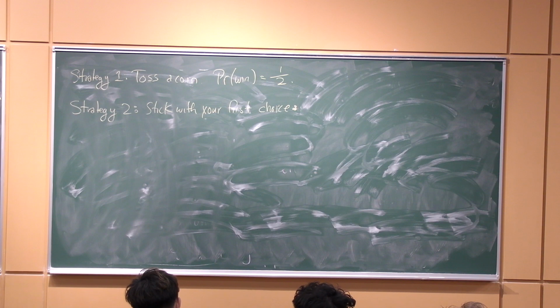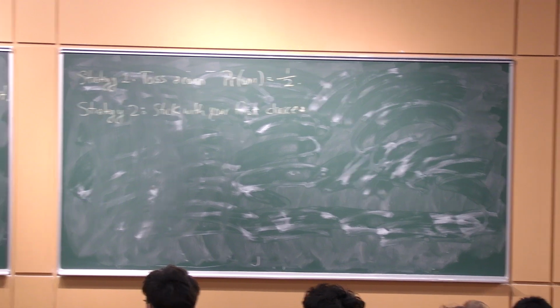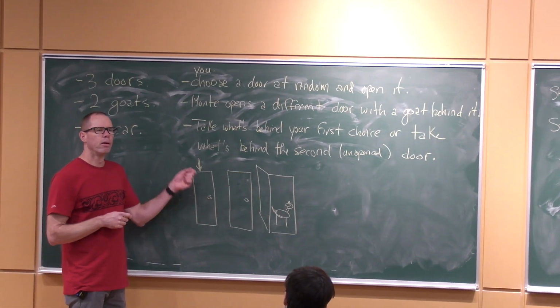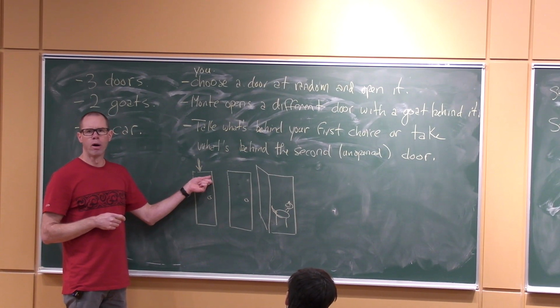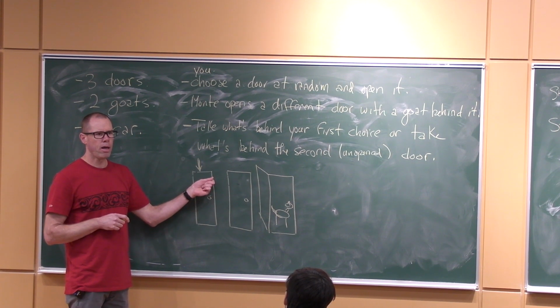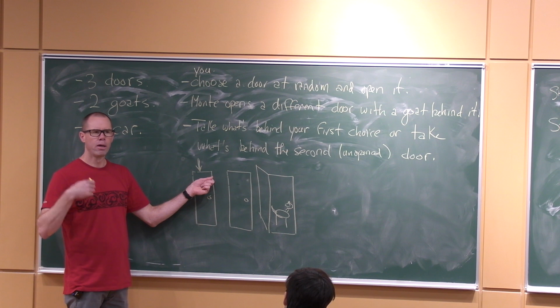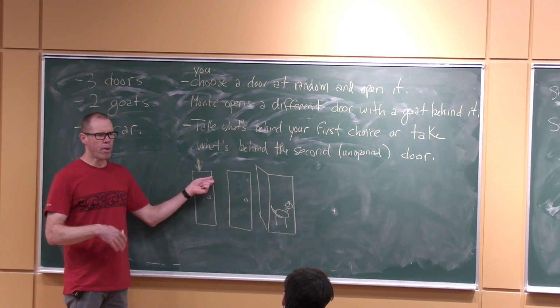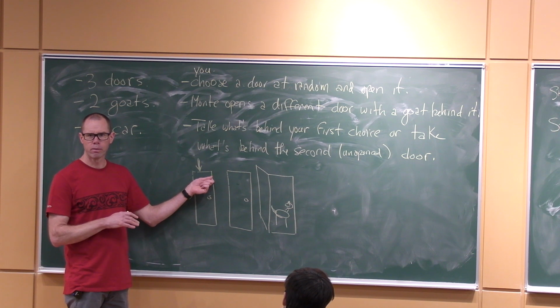So if I stick with my first choice, what's my probability of winning? Well, let's think about it. I picked a door at random, one of the three doors. Exactly one of the three doors has the car behind it. And no matter what happens next, I'm going to open that door.